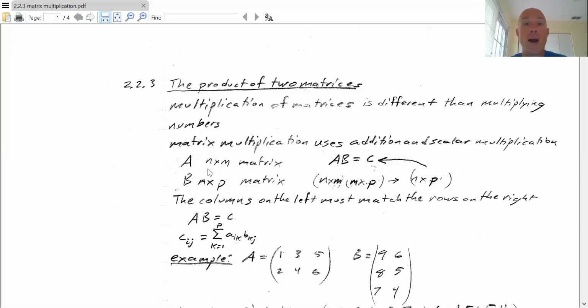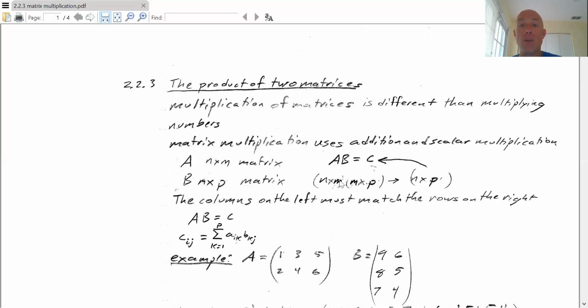If A is an n by m matrix, B is an m by p matrix, and we multiply A and B, so A times B, then what we're going to get is an n by p matrix. So n by m times m by p gives me an n by p matrix.